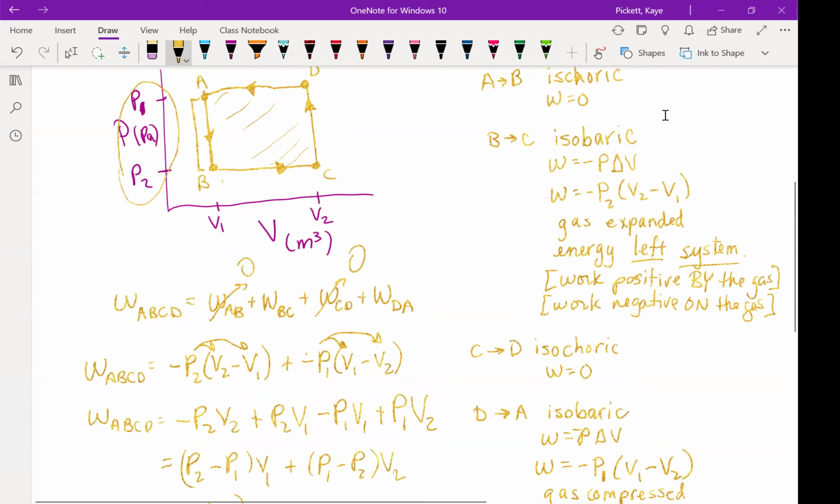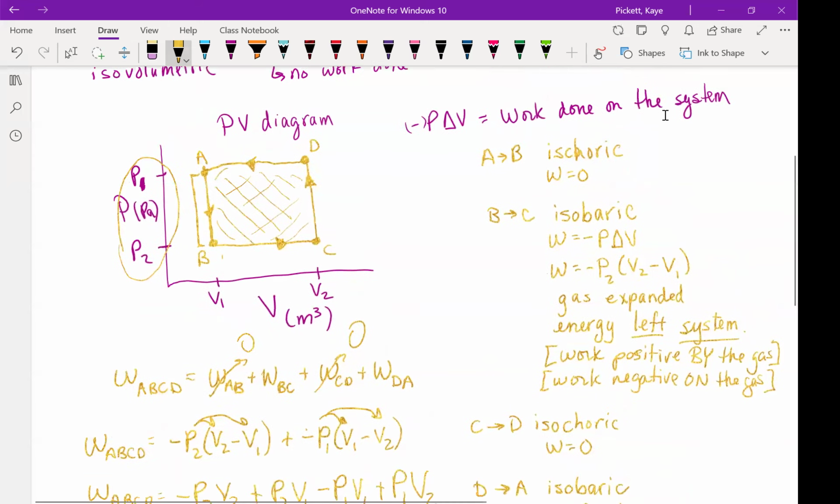What we're doing is we're finding the area of this box. Hey, wait a minute. Didn't I just say that I can find this, delta P delta V, is going to be the area? Whenever we're looking at a diagram, if you're looking for the product of two axes, you're going to find an area under the curve.